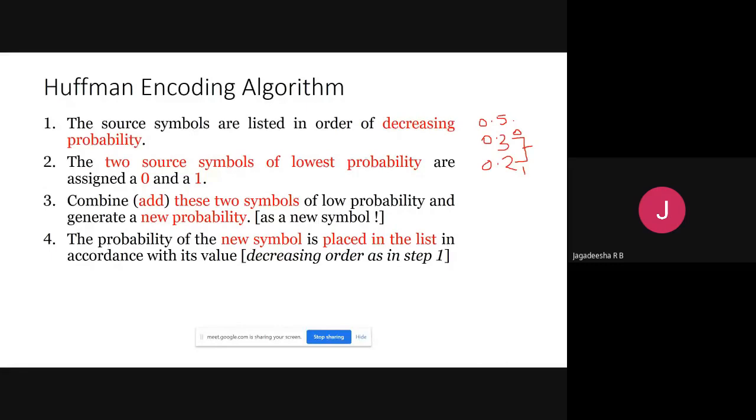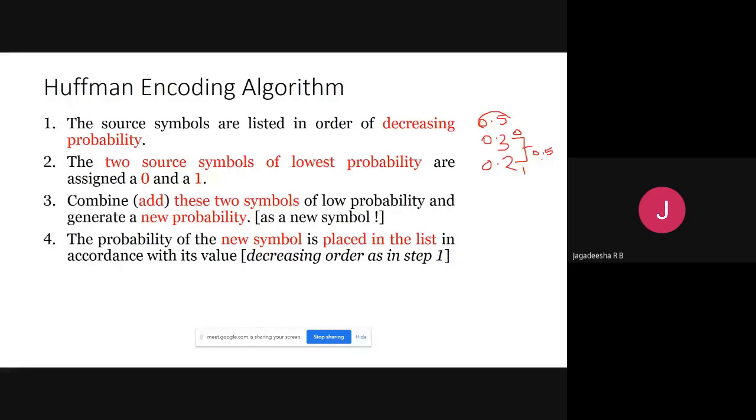So right now, the new symbol generated is 0.5. I'm writing here 0.5. What is the other symbol left? That is this one, right? This is left. So this is 0.5. Also, this one is 0.5.